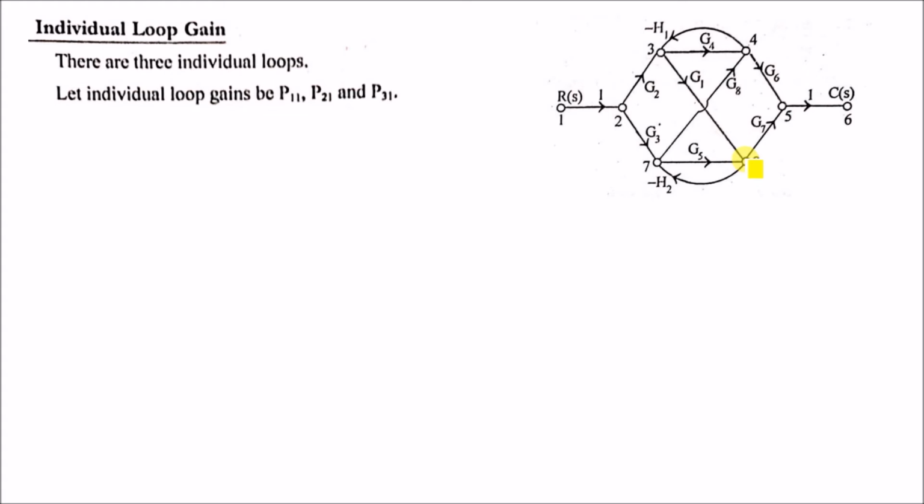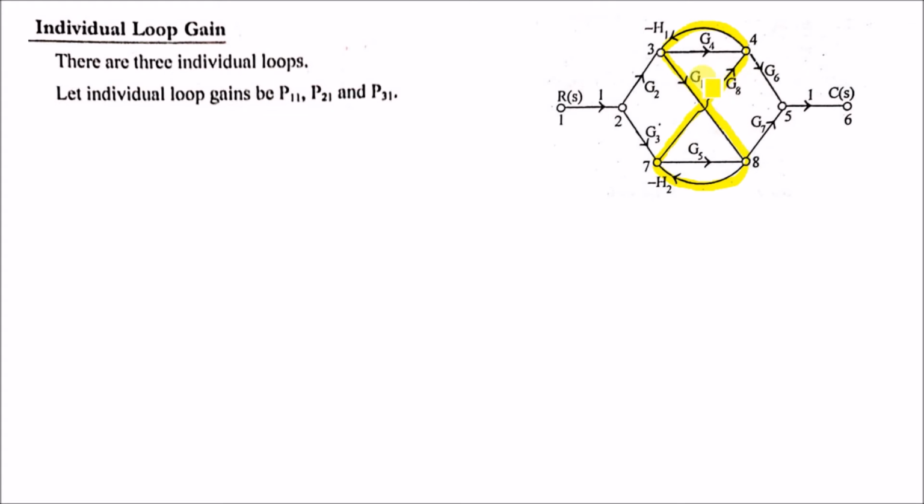So I start from node 8, then I go to node 7, then I go to node 4, then I go to node 3, then I go to node 8.